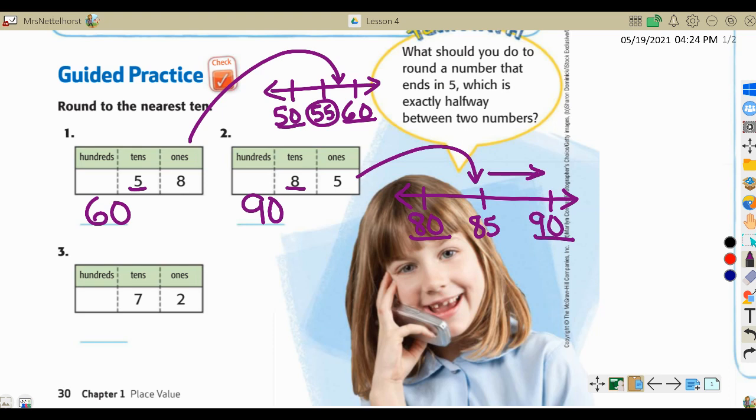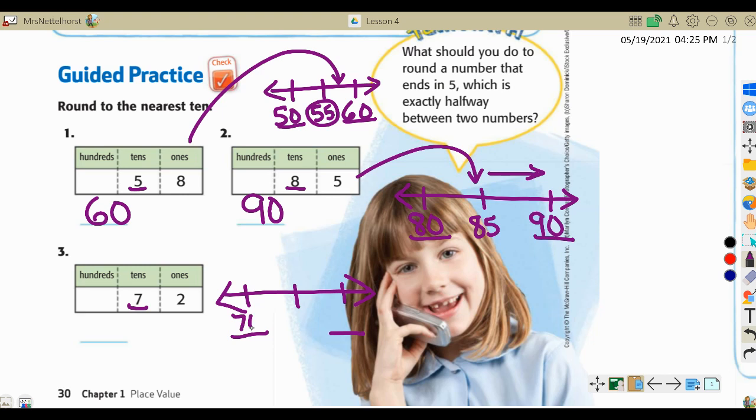Okay, do number 3 and then pause your video. Pause your video, do number 3, and then turn it back on to see the answer. Okay, I have 7 in the tens place. I'm going to draw my open number line. 3 tick marks. Okay, and put a line under the first tick mark, put a line under the last tick mark.